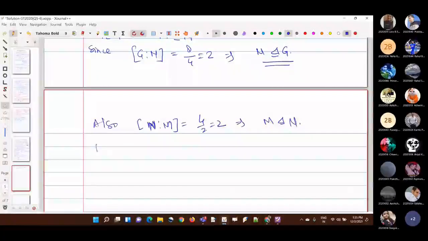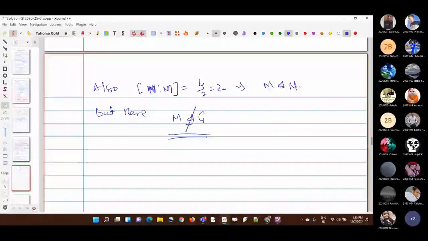Here, M is not normal in G. So this is the example. Note that N is not cyclic.